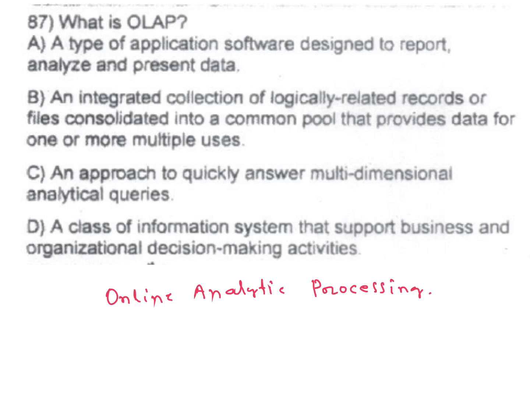C, an approach to quickly answer multidimensional analytic queries. D, a class of information system that supports business and organizational decision making activities. Here the answer is C, an approach to quickly answer multidimensional analytic queries, MDA, multidimensional analytical queries. Which of the following is the ferrous material? The answer is B, iron.